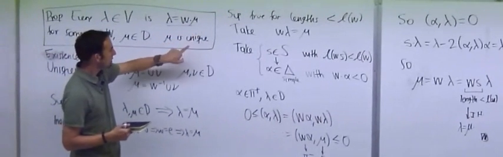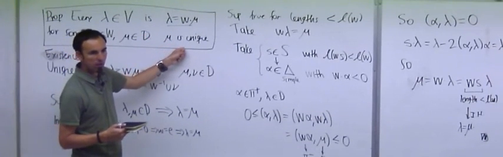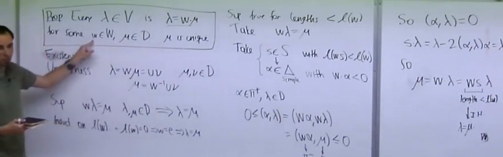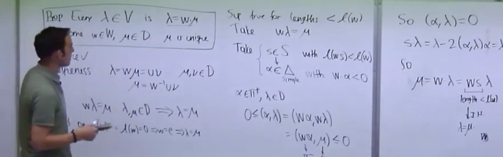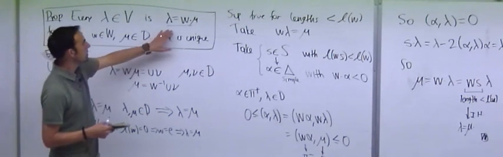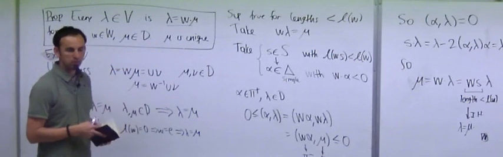And I just proved that this can always be done and that mu is unique. But what I'm not at all claiming is that W is unique. Okay. And so maybe what we should understand now is basically, when I have an equation like this, what can W be? Because W is not unique.